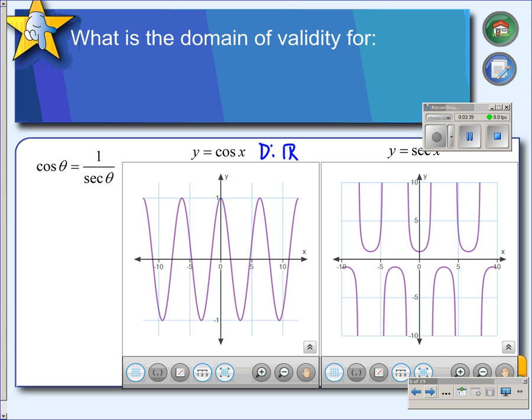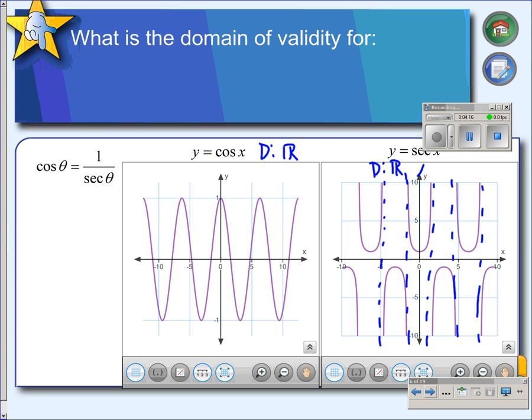The secant function over on the right, though, has breaks in it. There are asymptotes through here, and an asymptote is a place where your function is not defined. So every place where we have an asymptote is an undefined section. So the domain to the secant function is all real numbers except every place where there's an asymptote. And as you recall from the last chapter, the secant function will have asymptotes at every odd multiple.